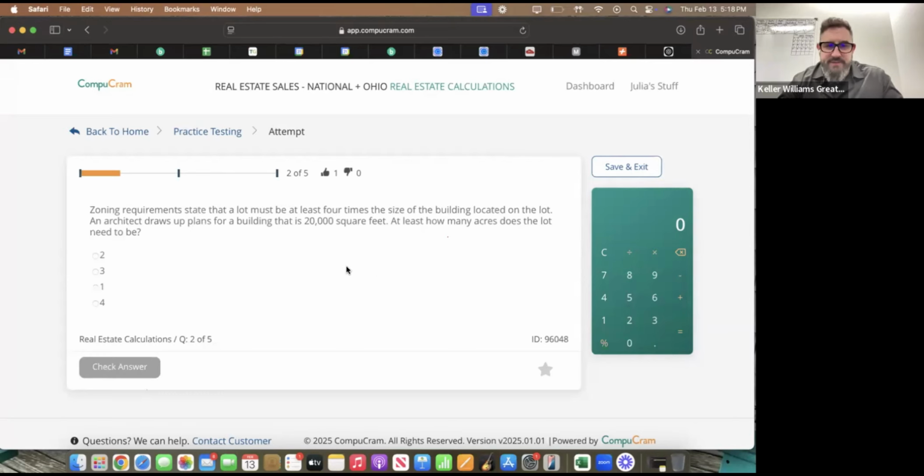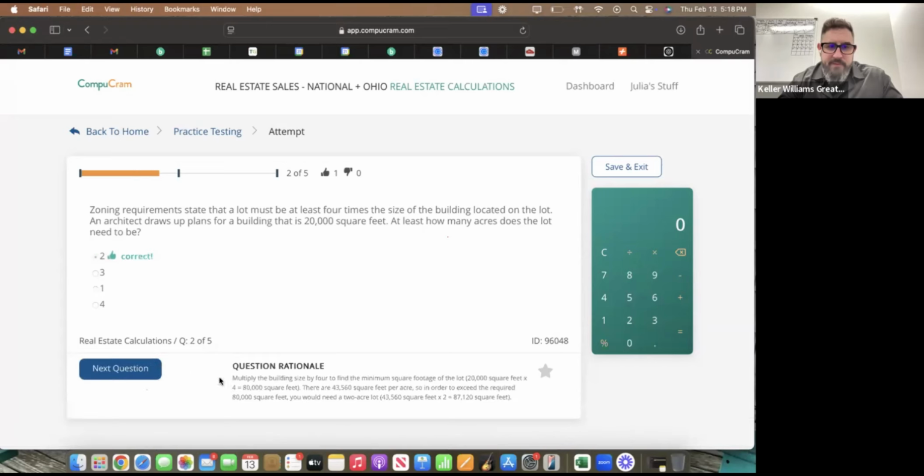If it's 42,000 and change, 2 acres, right? And that is correct. Multiply the building size by 4 to find the minimum square footage of the lot. We did that, 80,000. There are 43,560 square feet per acre. So in order to exceed the required 80,000 square feet, you need at least a 2-acre lot. Okay.